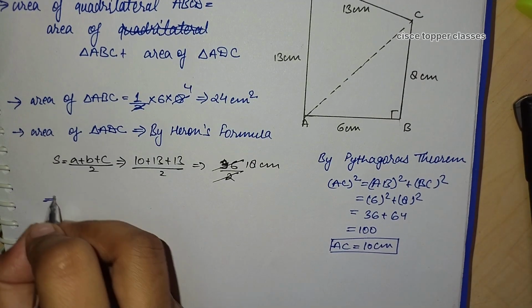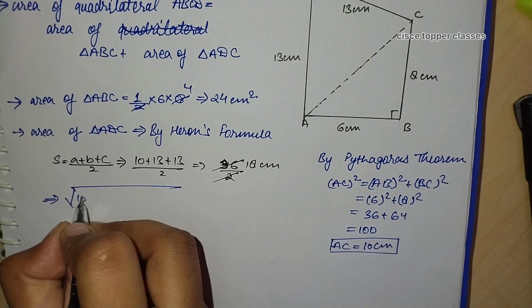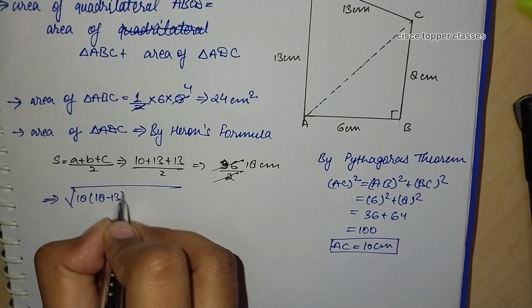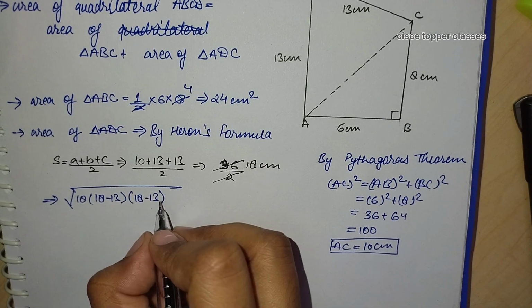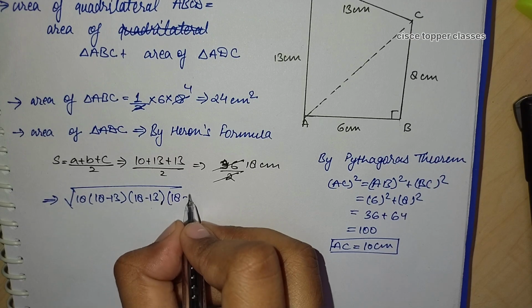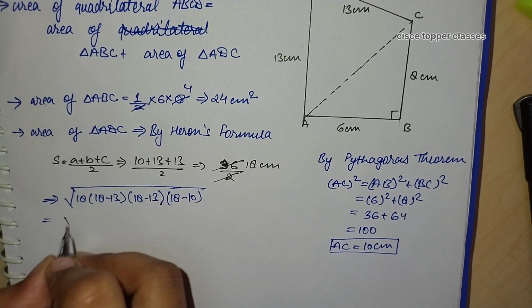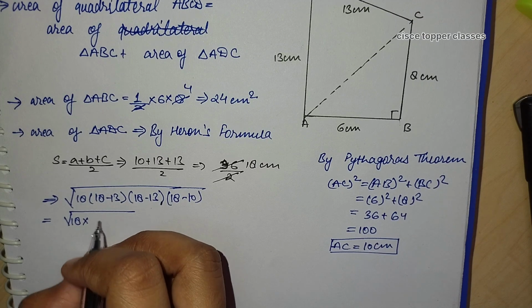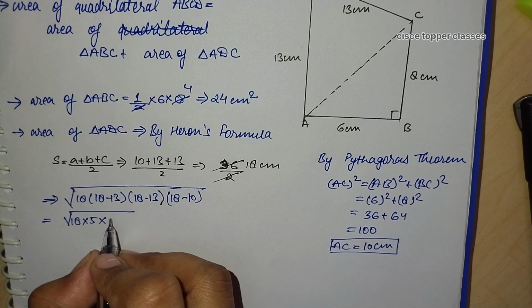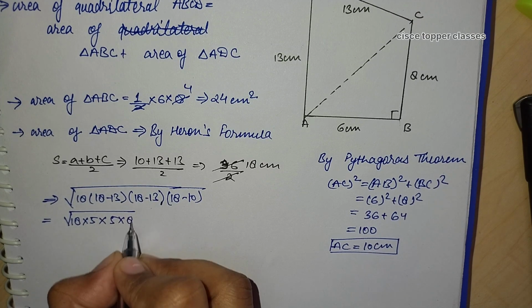I'll put the value in the formula. So it will be under root 18 into 18 minus 13, again 18 minus 13, then 18 minus 10. So this is equal to under root 18 into 5, 5, and 8.